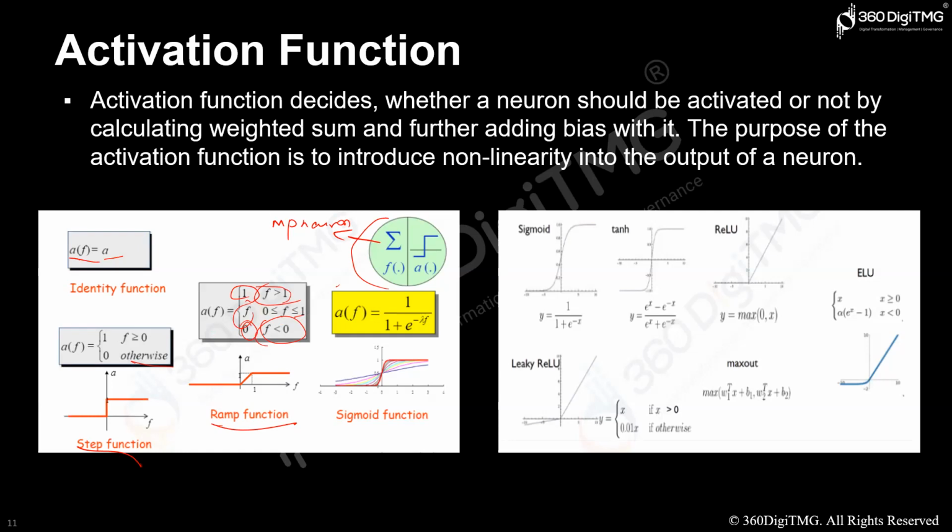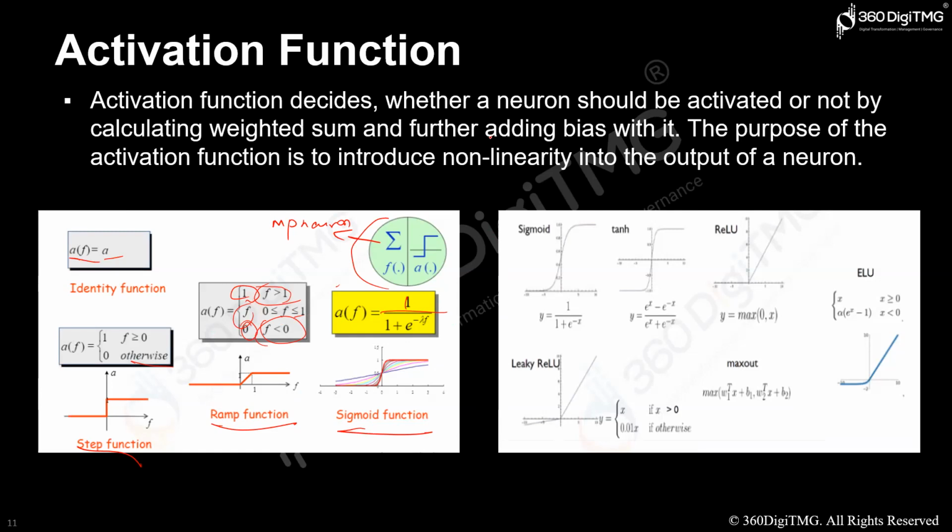And then you have something called a sigmoid function, where A of F is equal to 1 by 1 plus e to the minus lambda F. So these are all the different activation functions.